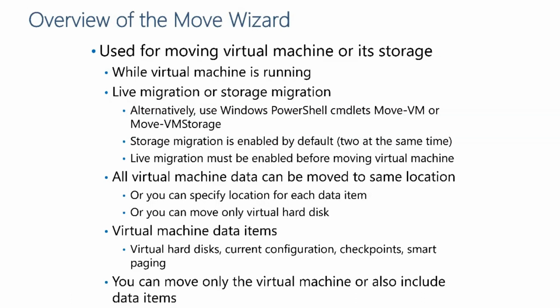Remember what we talked about virtual memory previously? It's part of the hard drive that's used instead of RAM. And Microsoft calls it paging, but in this case, it's the virtual memory file. You can move only the virtual machine or also the included data items.